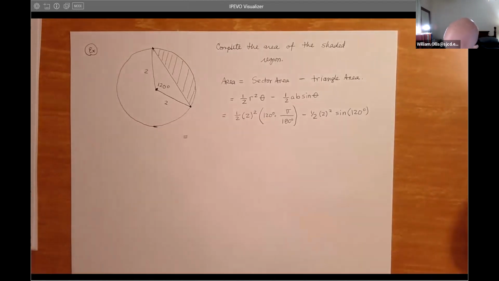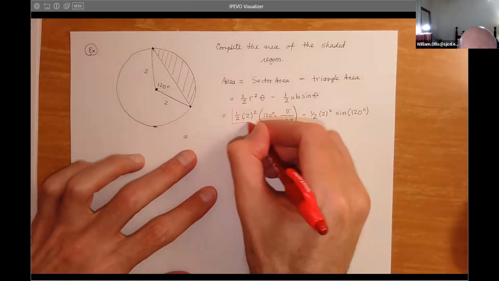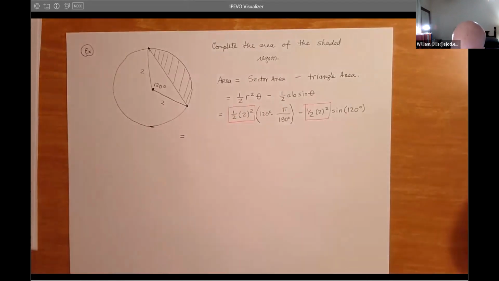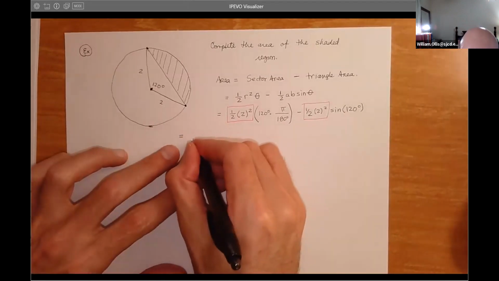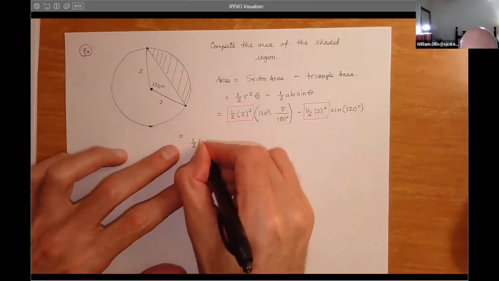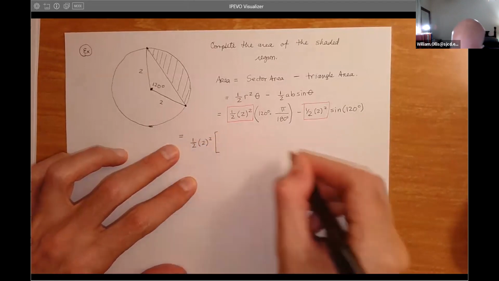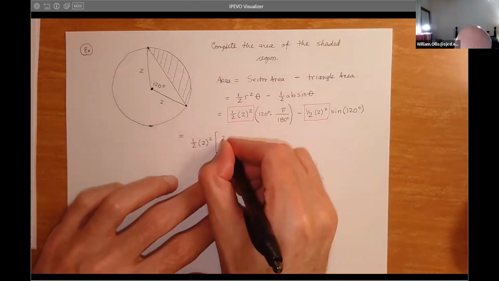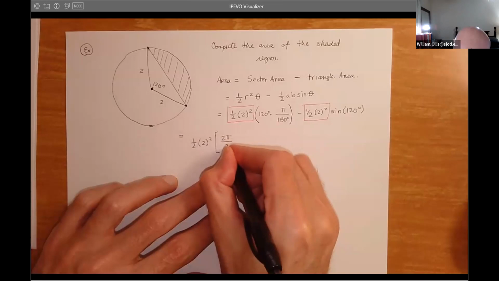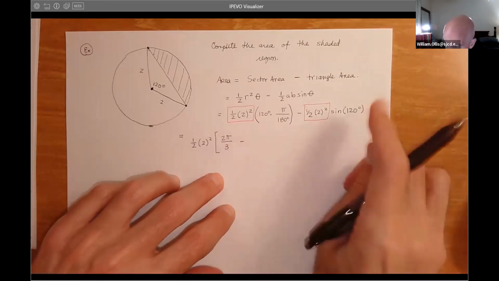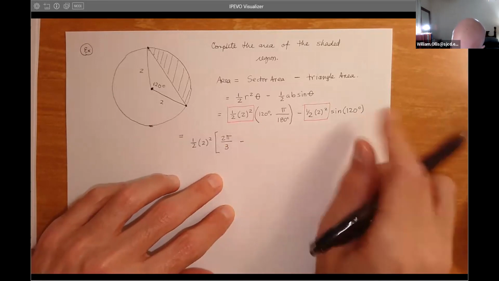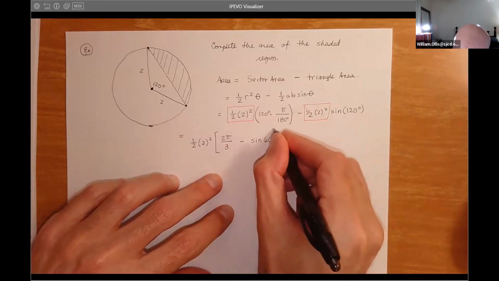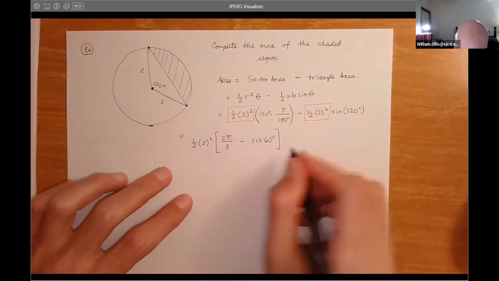Now notice we have these common factors here that we can extract. So we have basically 1/2 times 2 squared. And now, of course, we can divide by 60 here, so we just get 2 pi over 3. Minus, and now, of course, the reference angle here is just 60 degrees. That makes it easier. Sine of 60 degrees, so that's just pi over 3 radians.